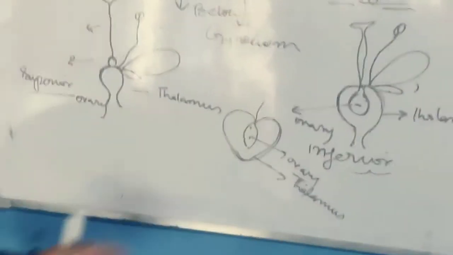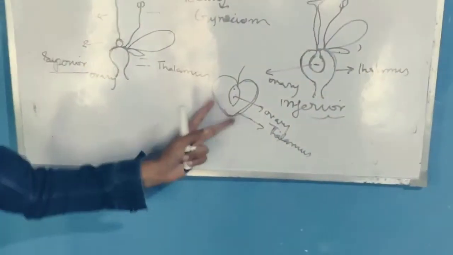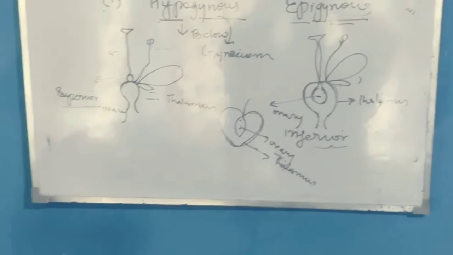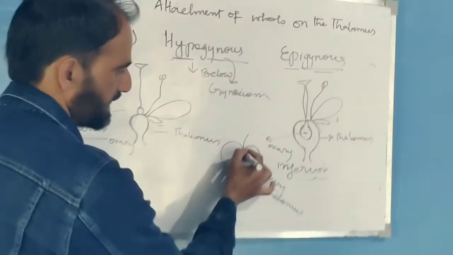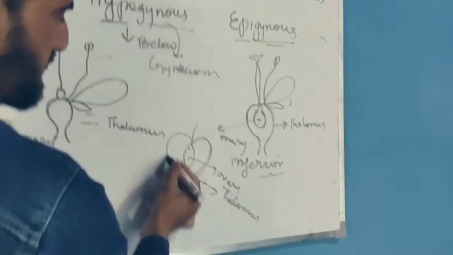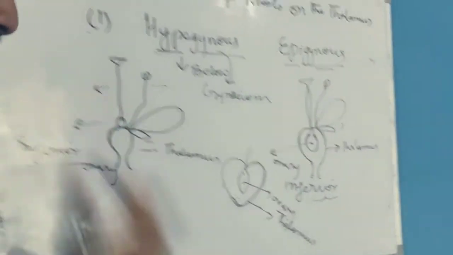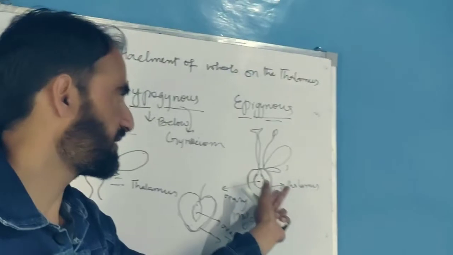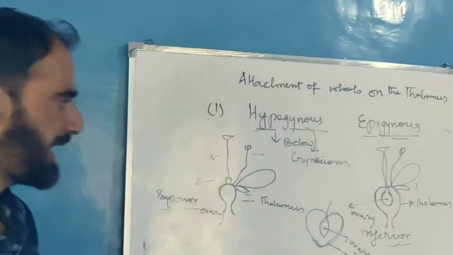So this is the example of epigynous ovary. The seed part, the ovary, is inside the thalamus, and this fleshy part is the thalamus. This type of condition in flowers is called epigynous, and the ovary is called inferior ovary.